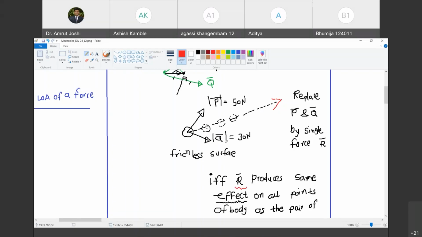If I were to remove this P bar and Q bar and replace them by a single force R bar, that R bar should also have the tendency to move the striker along this direction, which is marked by the red arrow. Do you agree with me? Yes, sir. By the very philosophical definition, R bar must produce the same effect as P bar and Q bar together. Therefore, R bar also must tend to move the striker along this line. Are you with me? Yes, sir.